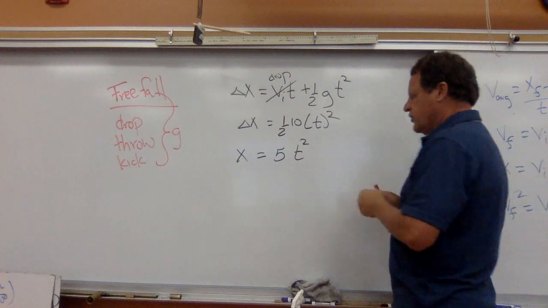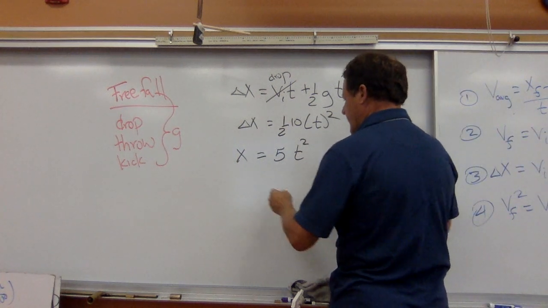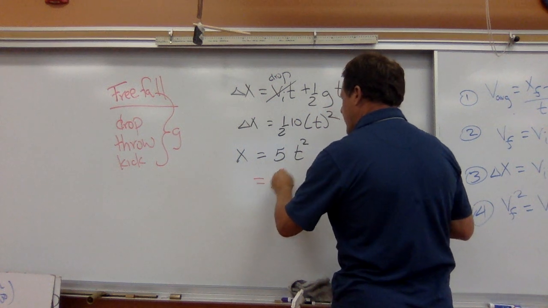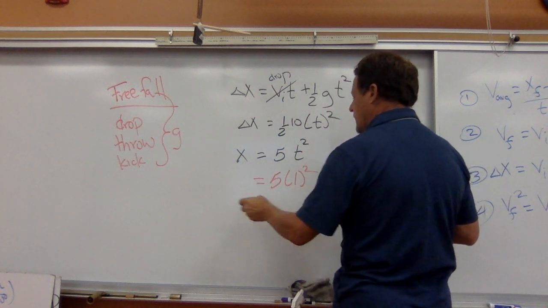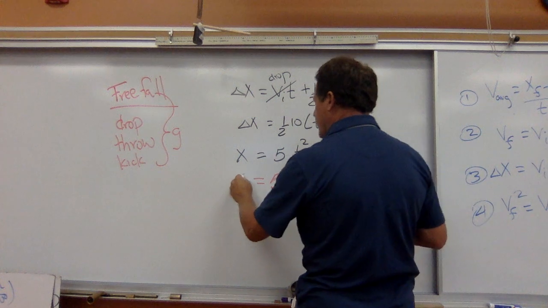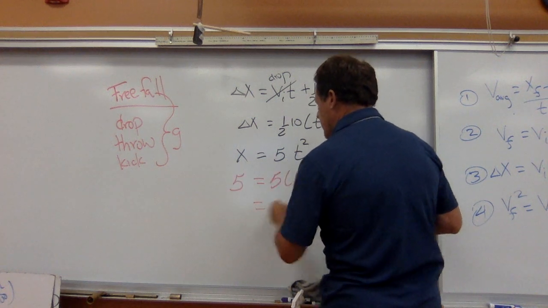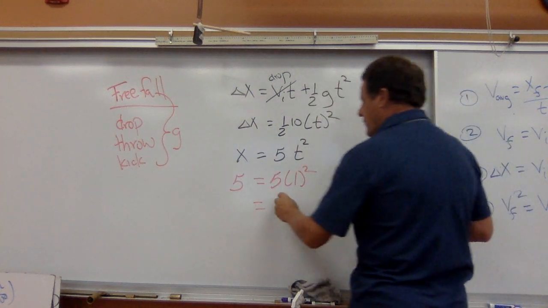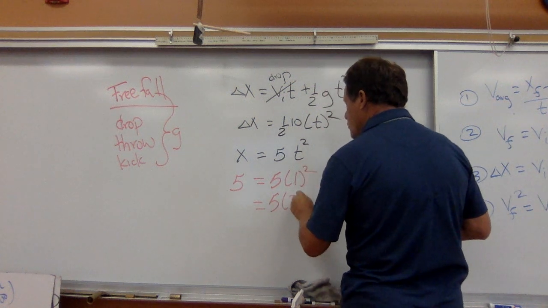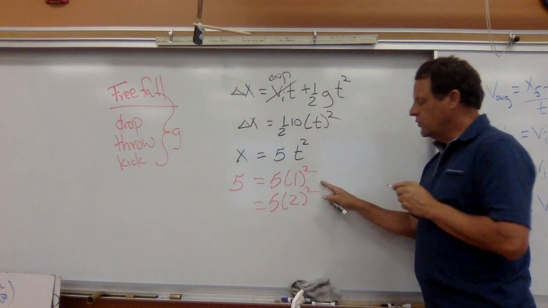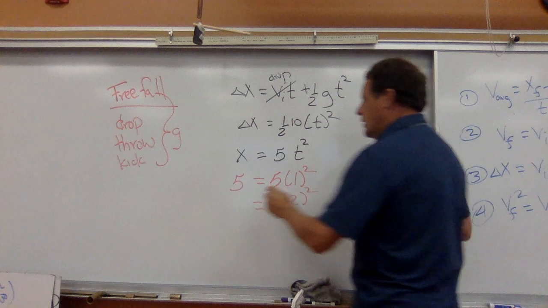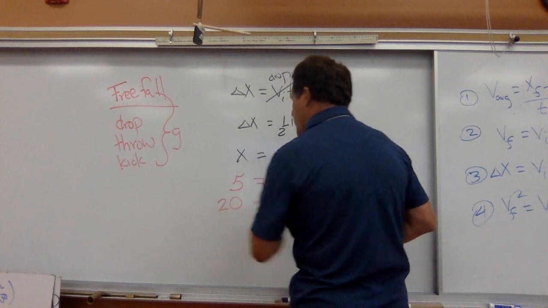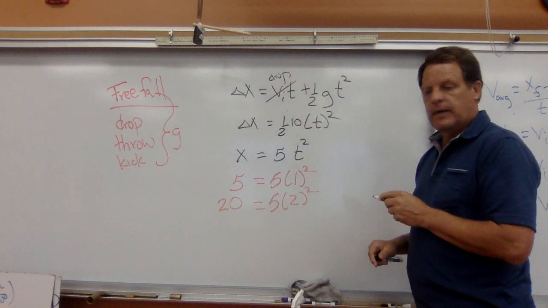So after 1 second, we're going to have 5 times 1 squared, and that would give us a distance of 5. But notice if we have 2 seconds, that gets squared, and 5 times 4 would be 20.